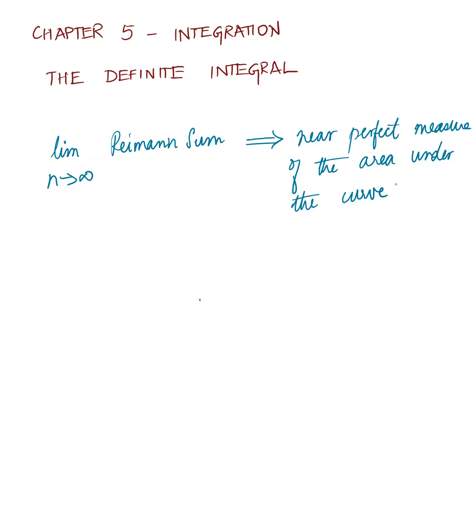Therefore, when we apply the limit to the Riemann sum, and we know the Riemann sum is the summation from k equals 1 to n (you could use k or i, the book uses k), this was the one you saw for the Riemann sum.